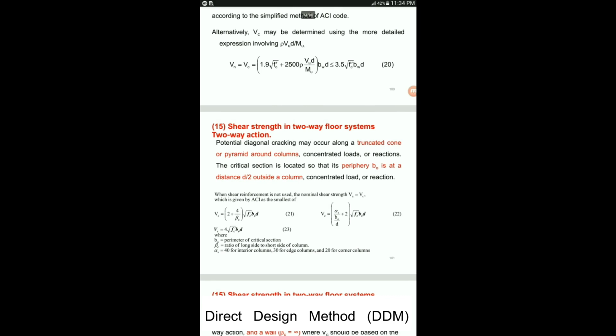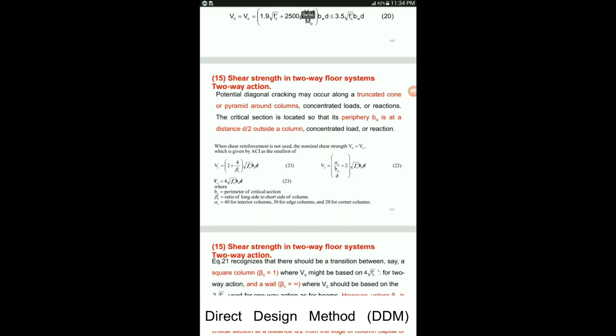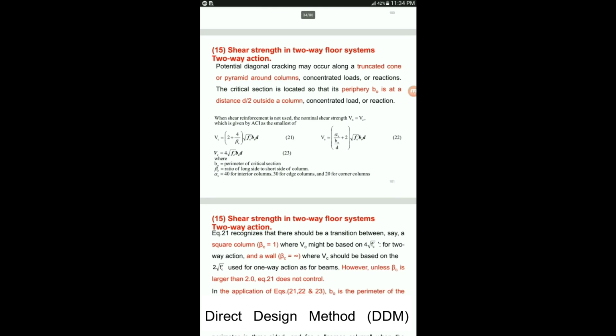The other kind of shear action is two-way action, which is also known as punching shear failure. We have three different formulas given by ACI, and the smallest value of Vc is to be chosen as the shear strength for two-way action.